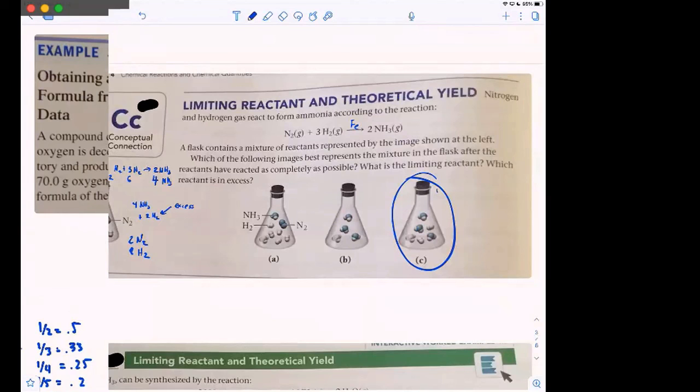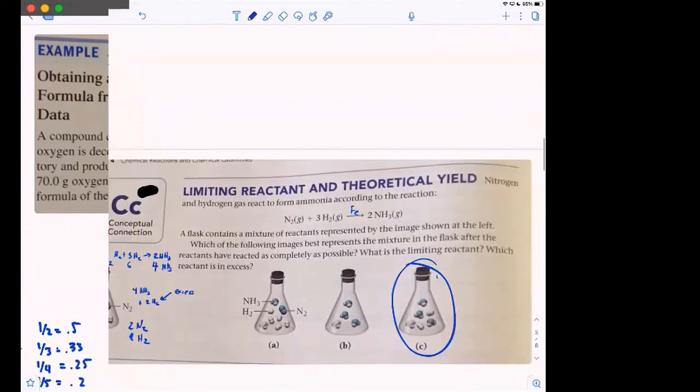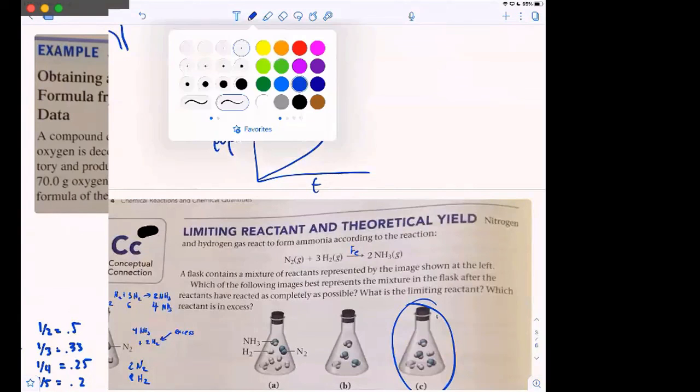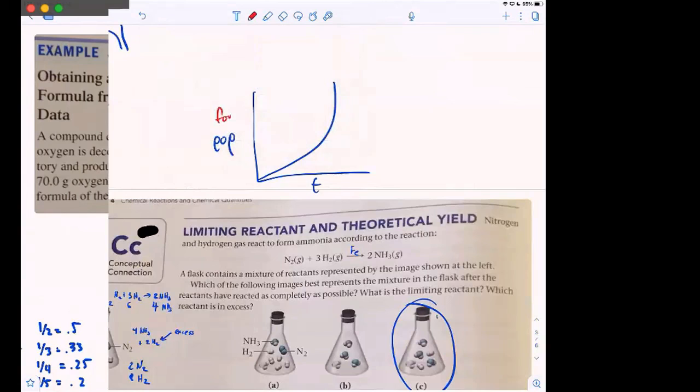So what Thomas Malthus said was, if you look at population versus time, it's exponential. And also food production. So food, it's arithmetic.